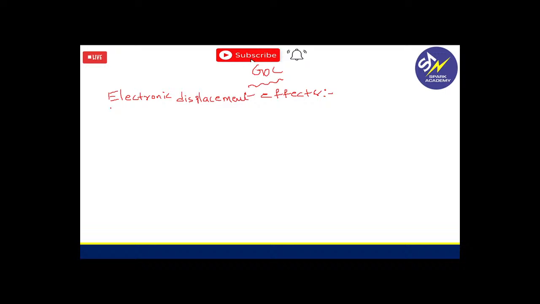These are most important. First year GOC is most important. Now, what is the use of electronic displacement effects?